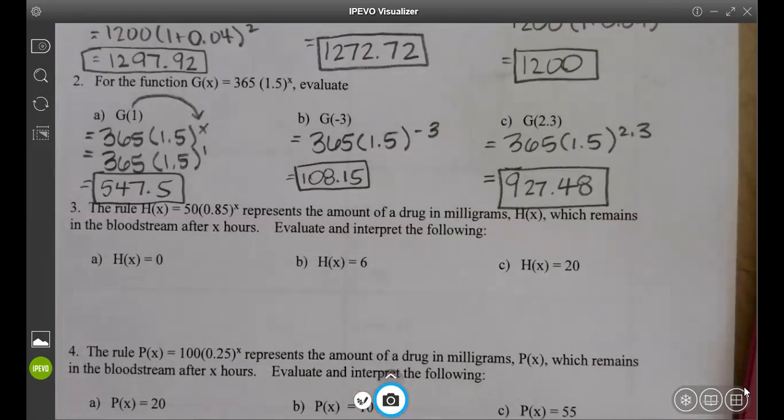Arlen, how does it look different than the last 6 problems that we've done? Because it's equal to 0. Thank you. This one's equal to 0 or equal to 6 or equal to 20, where we didn't have equals on the last part.